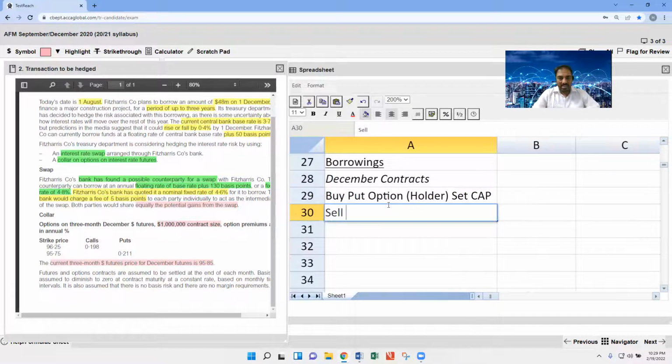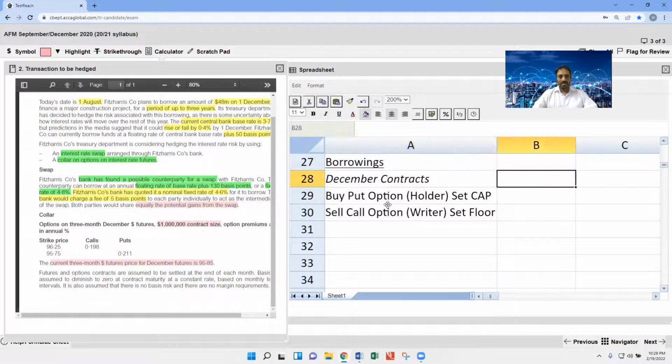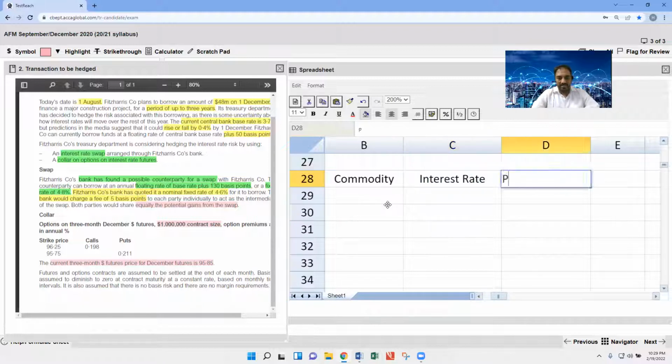We will sell call as writer, set floor, and mention three things. Number one, easy: buy commodity, buy interest rate, and premium.